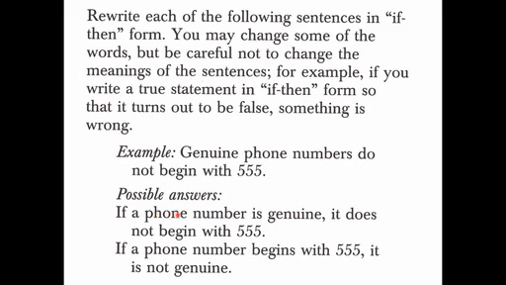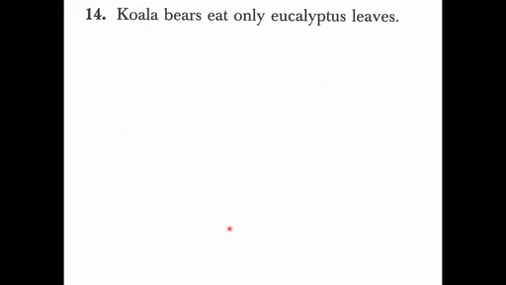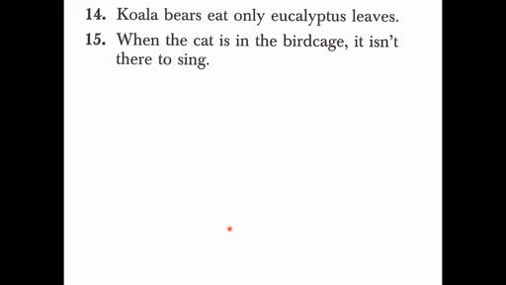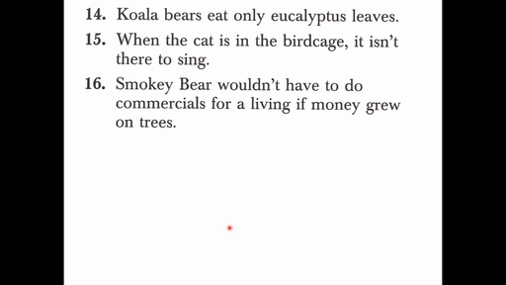It started out as, if a phone number is genuine, they said it is not genuine. So the contrapositive is true. These two are true. What you couldn't say here was something like this. If a phone number is genuine, then it begins with 555. That's what he's trying to get across. So here are your examples. You're writing them in if-then form.